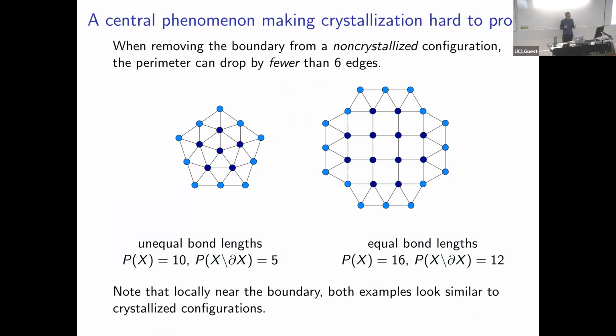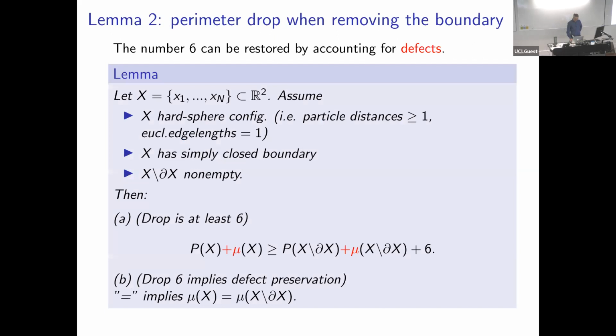So I hope very much that the perimeter will only drop by so that I can control how much the perimeter drops. And so I'm interested in the opposite lemma from here.